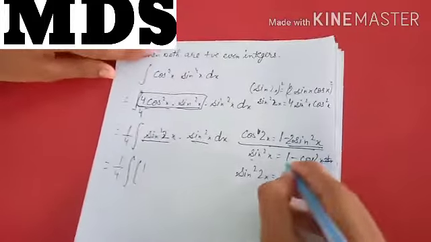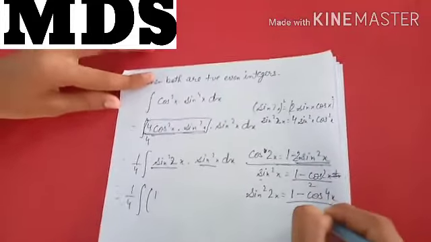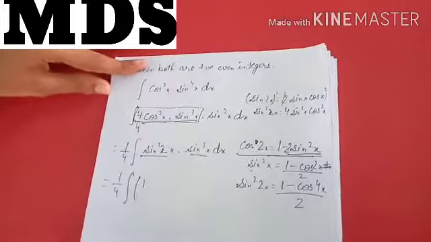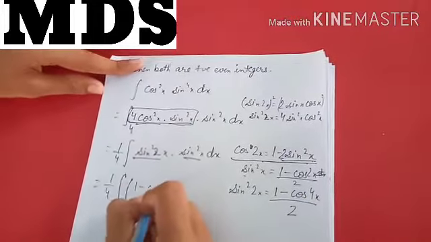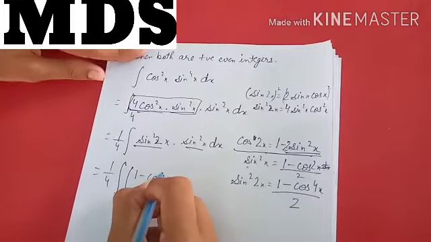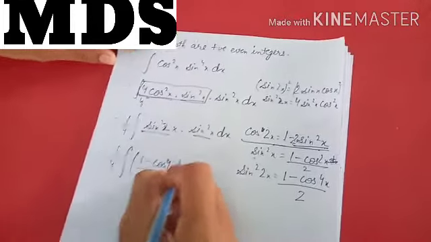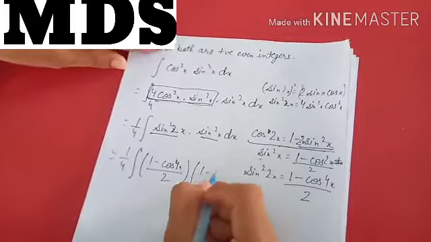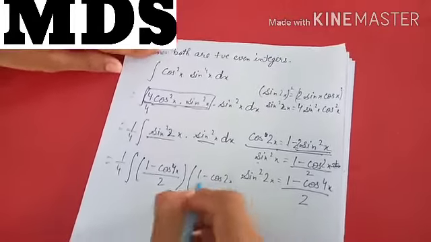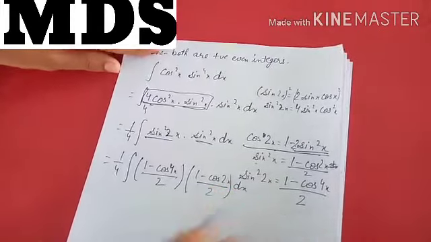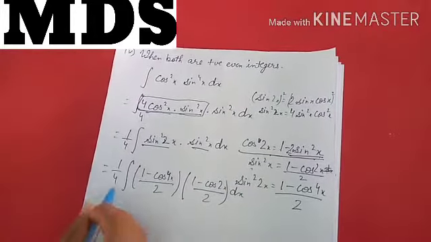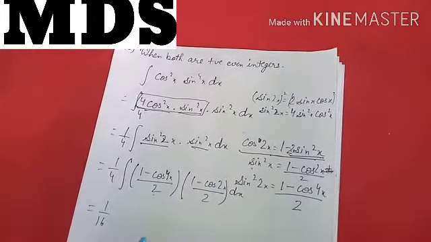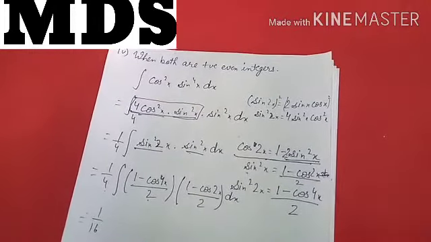Okay, so we have to divide this side by 2. So we will write it will be (1 minus cos 4x) divided by 2 into (1 minus cos 2x) by 2 dx. So this will be what? This will be 1 by 16, 4 into 2 into 2. Okay, this I will write outside.